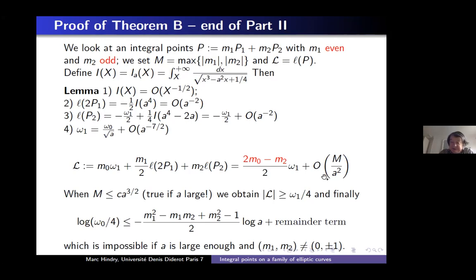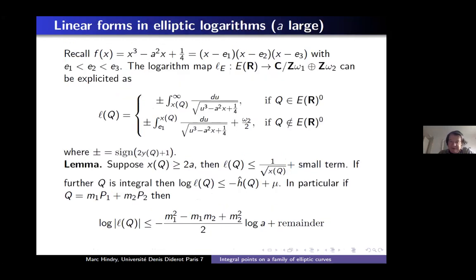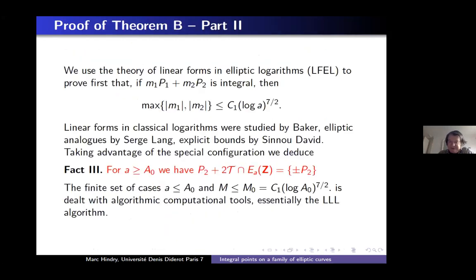And the remainder term is small because, as I wrote on the first slide, the theory of linear forms in elliptic logarithms, the machinery, if you write all the computation, gives a proof of Siegel's theorem. It gives a bound for M1 and M2.